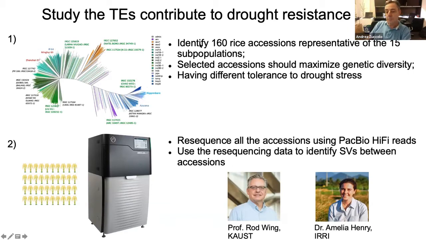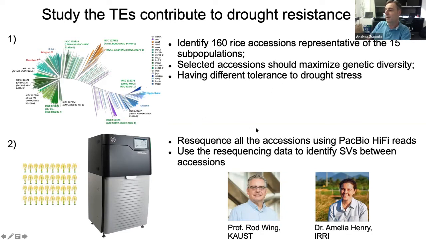First step would be the identification of 160 rice accessions representative of all the 15 subpopulations. We will maximize the genetic diversity between them, and we will also try to select accessions with different tolerance to drought stress.